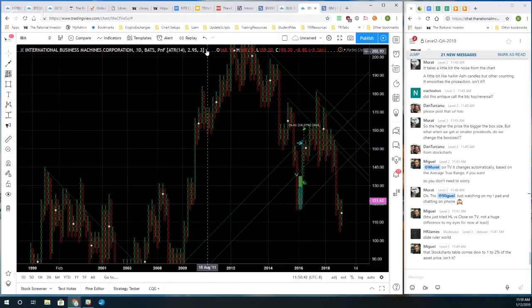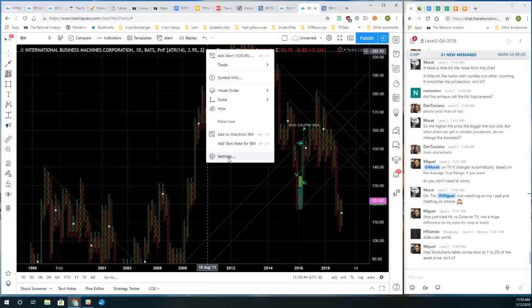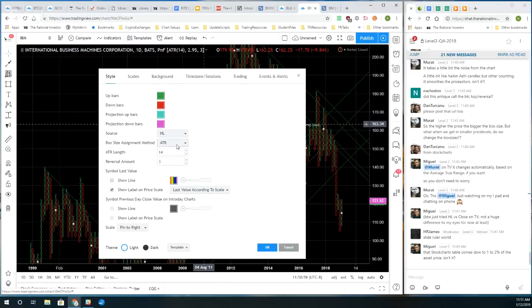So if we're doing crypto and you have it set to ATR and you've drawn these beautiful charts and you've got all your levels, and then all of a sudden Bitcoin jumps like $100 or something, ATR is going to shift dramatically and your whole chart will change. So I do not recommend you using ATR.